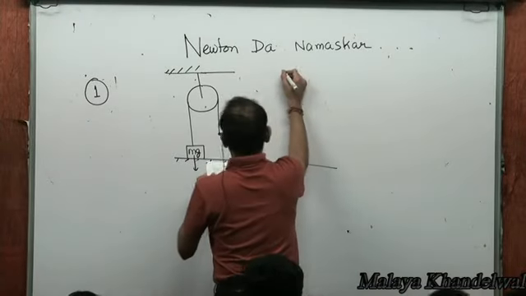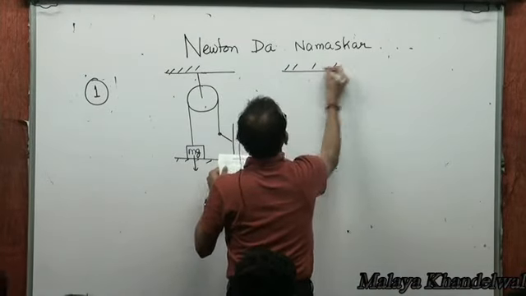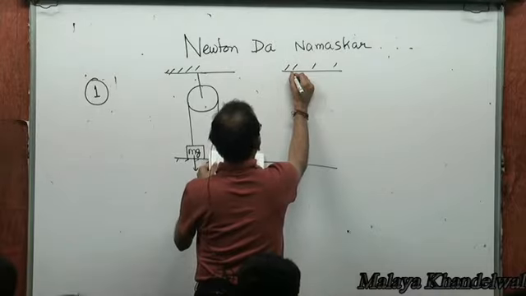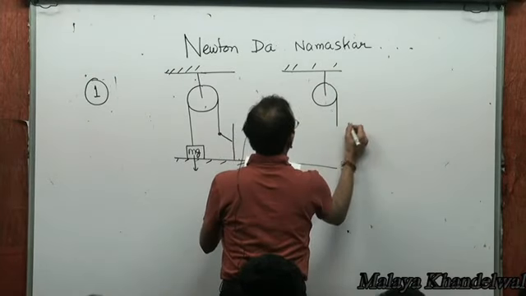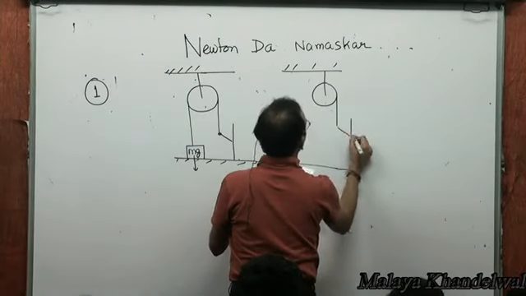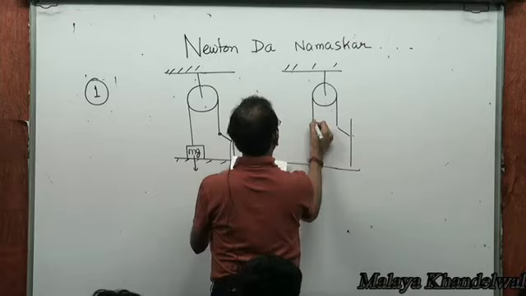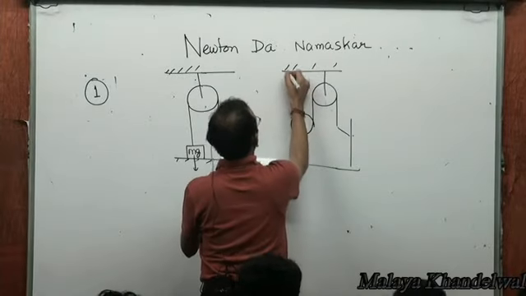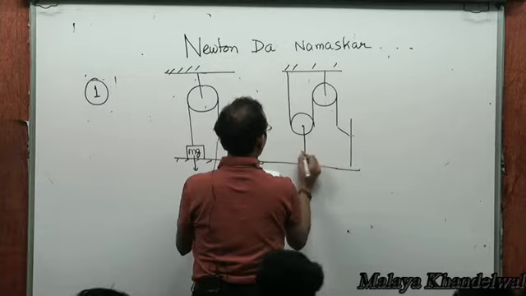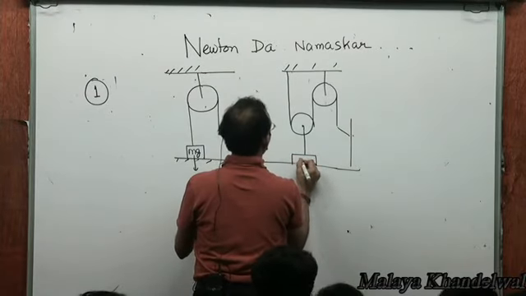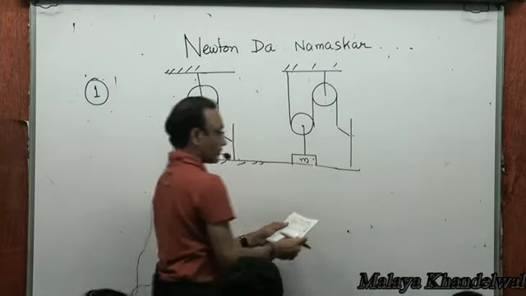In the second situation, we have a fixed pulley, free end, there is a mass m here. All right.